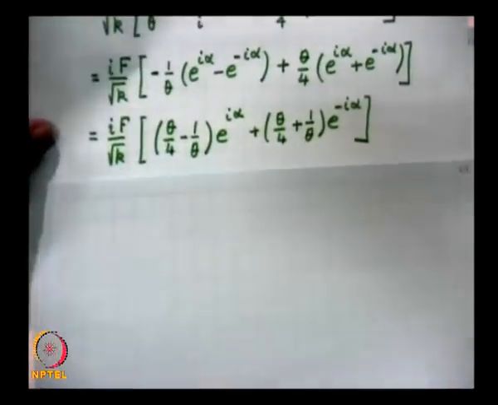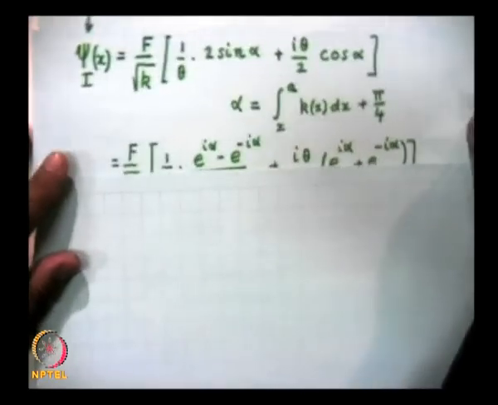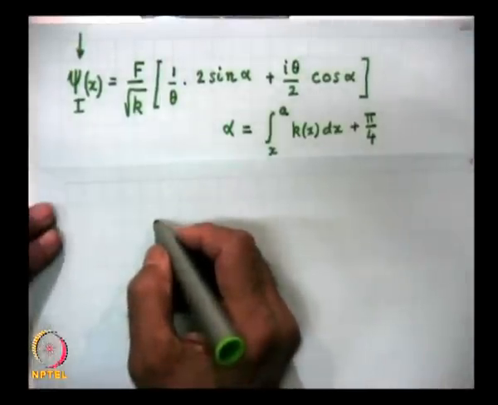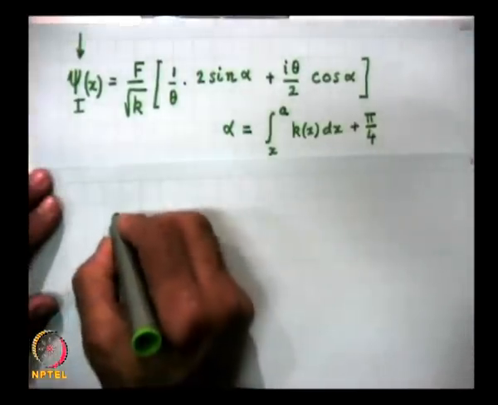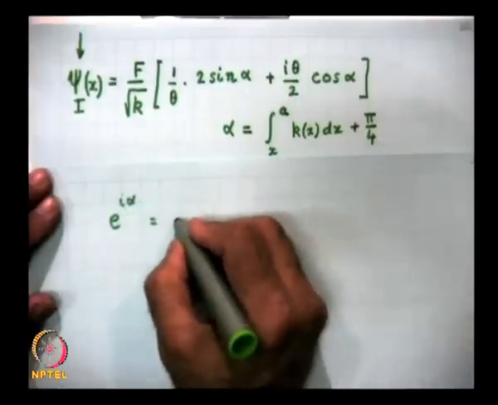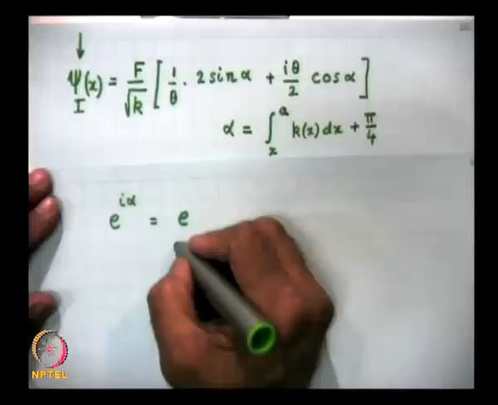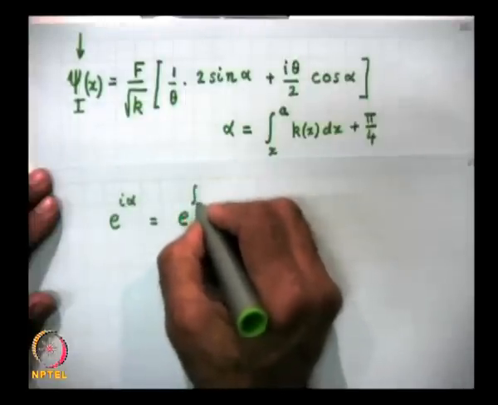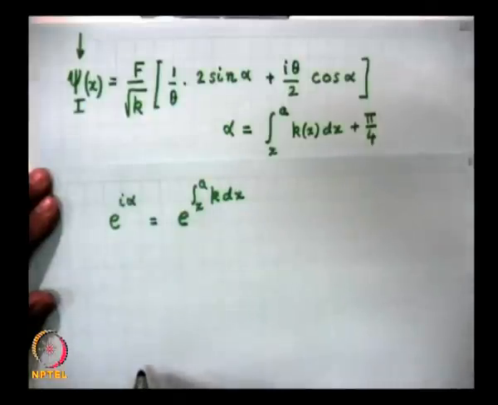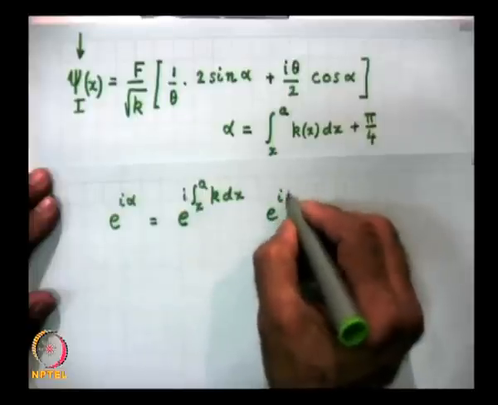Now, we notice that what is alpha? Alpha, as we wrote down, was equal to integral x to a of k dx plus pi by 4. So, e to the power of I alpha, of course, there is a phase factor e to the power of I pi by 4, but that is immaterial.